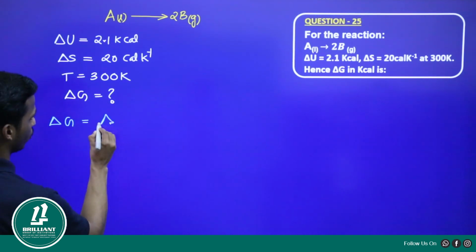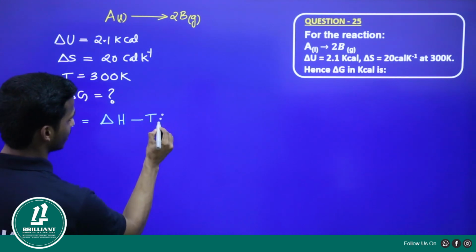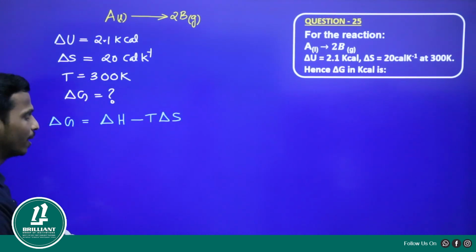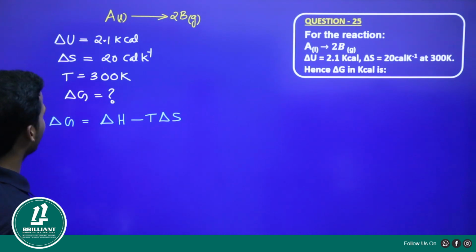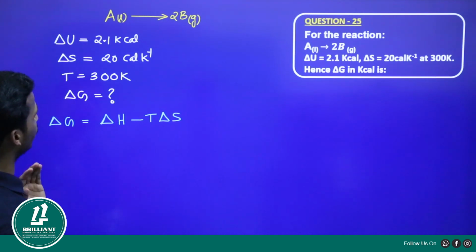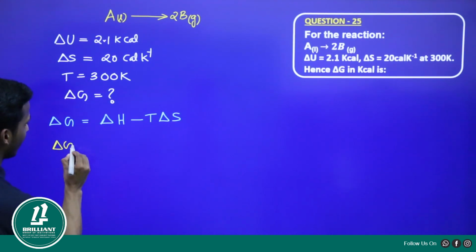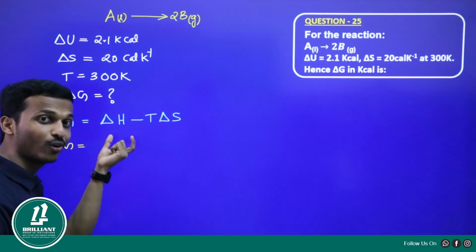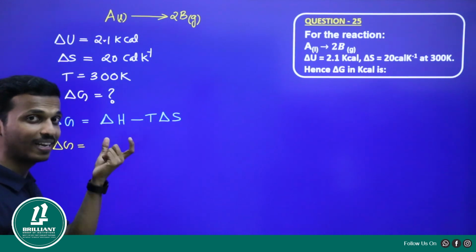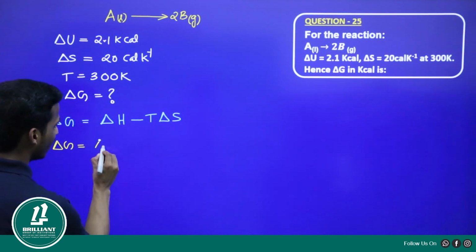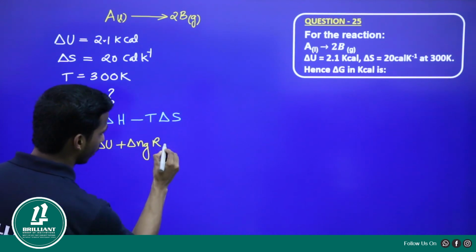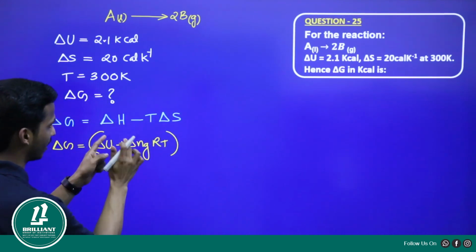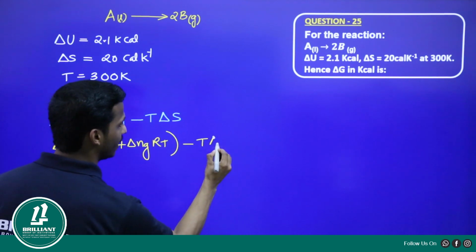Delta G is equal to delta H minus T delta S. But unfortunately, delta H is not given directly, but by using delta U we can calculate delta H. So delta H is calculated by the equation delta U plus delta Ng RT, and delta G is equal to delta H minus T delta S.